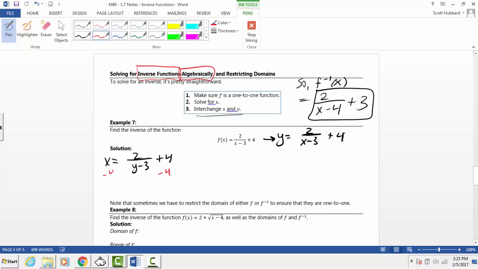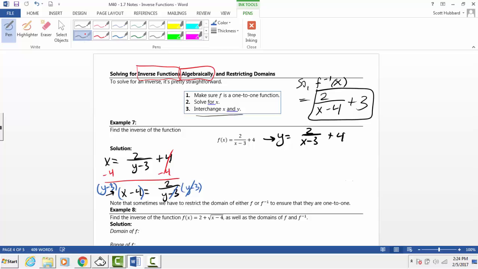You want to solve for y now. And you get x minus 4 is equal to 2 divided by y minus 3. Okay, and then you just clear the denominator. You multiply this side by y minus 3 as well.